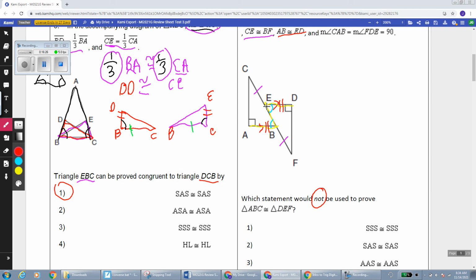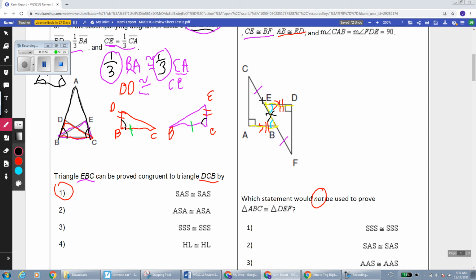But using the addition postulate, we can take the pieces that we have and make them bigger to get the full sides of each of the triangles. And that would give us another pair of congruent sides that we could use to prove the triangles congruent to each other. So if I wanted to use the addition postulate, I could take the small piece of the side CE, add it with EB, and get the whole side CB.